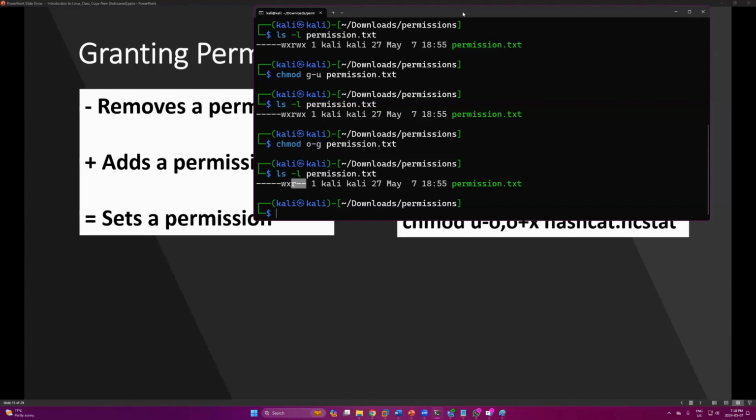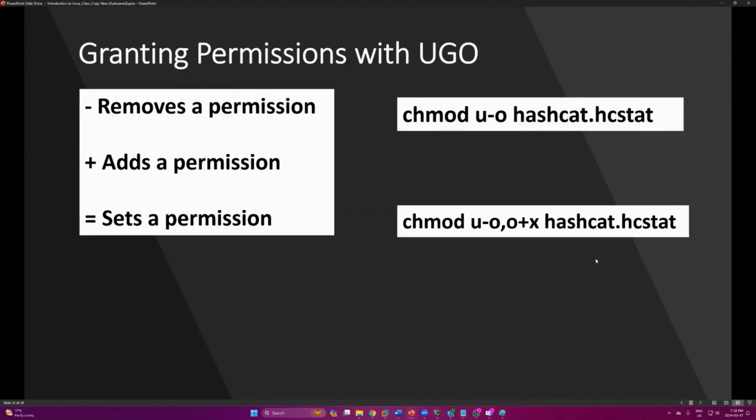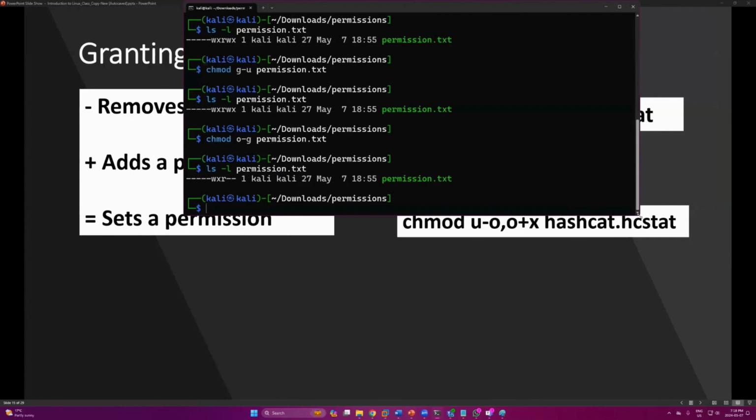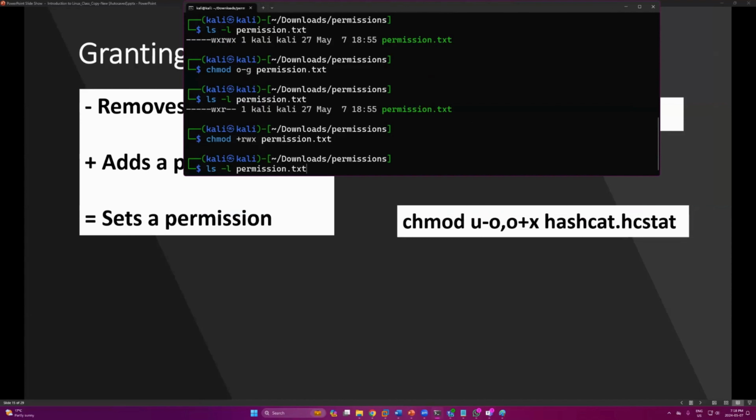All right, I think that is for the, oh yeah, you can also use a comma to do additional things. So let's just add everything back together. So chmod plus read write execute, right?